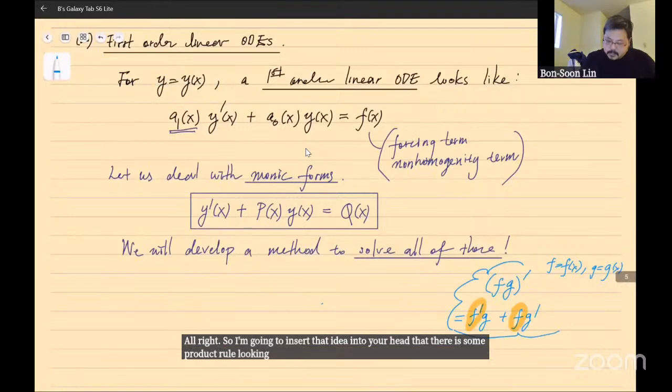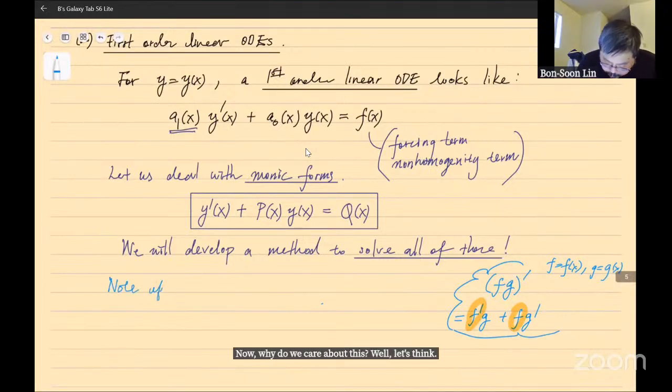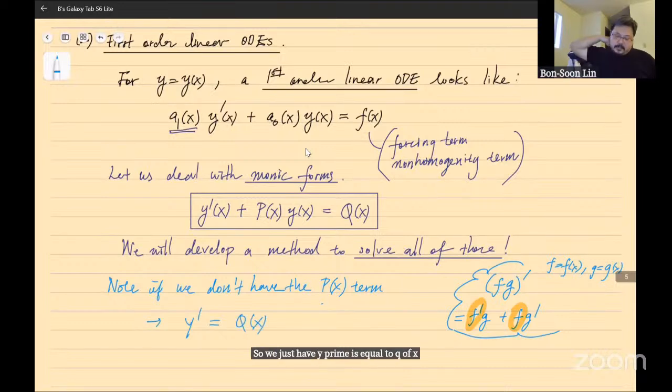Now, why do we care about this? Well, let's think. Notice, if we don't have the p of x term, so we just have y prime equals q of x, can we solve this? How do we solve y prime equals q of x? Do we have the technology? FTC? FTC, we just integrate, right?